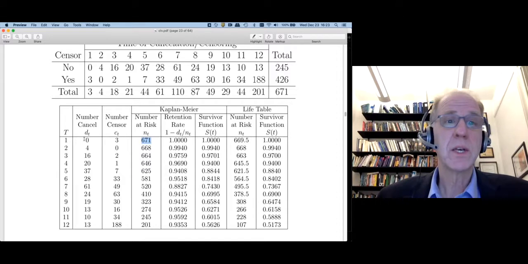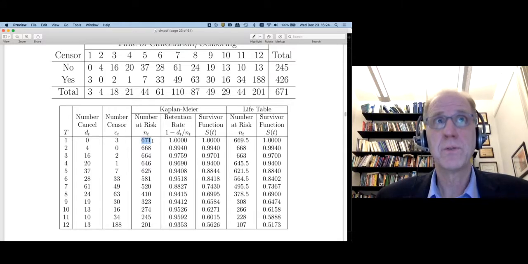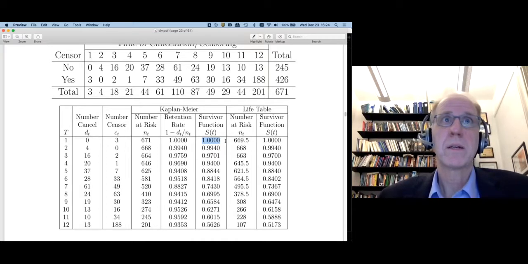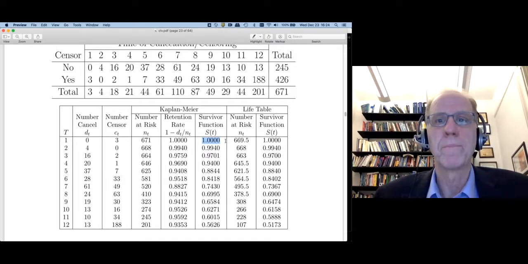What we can see is that 0 of those 671 customers decided to cancel in their first month of being a customer. So notice my estimated retention rate in period 1 is 100%. My survivor function is also 100% since you can't cancel before period 1. You pay me money and you're in period 1.